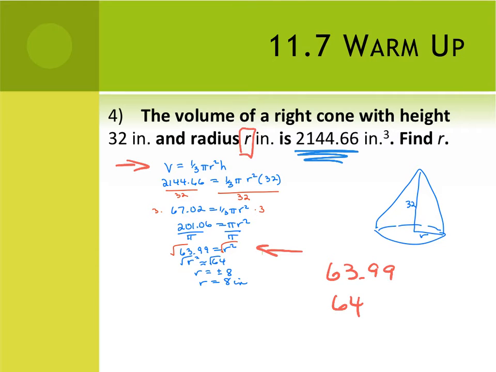However, if you did not round it, you still would have gotten 7.99 and you could have rounded it to 8. So this would have been 8 inches. Again, on the test, just read the directions to see if they tell you to round or not.